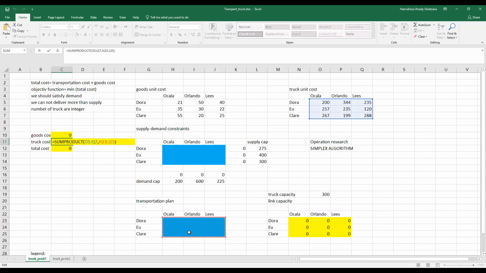Based on how many trucks it calculates in the lower blue rectangle, I multiply by the cost of each truck and get the truck cost. And the last yellow one is just the summation of goods and truck costs. So I can understand my total cost here.